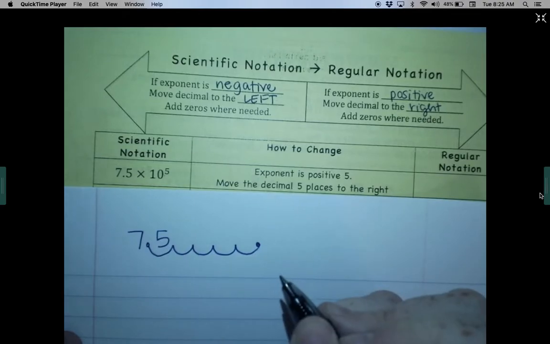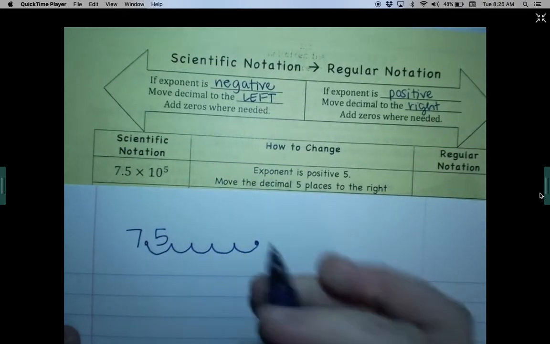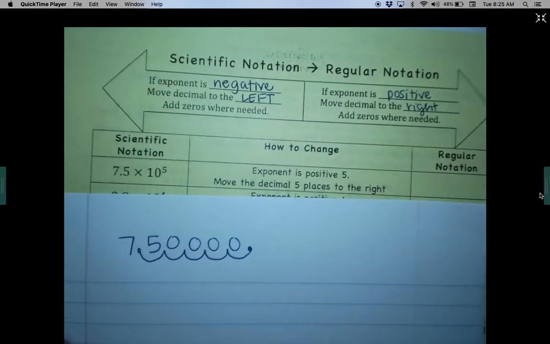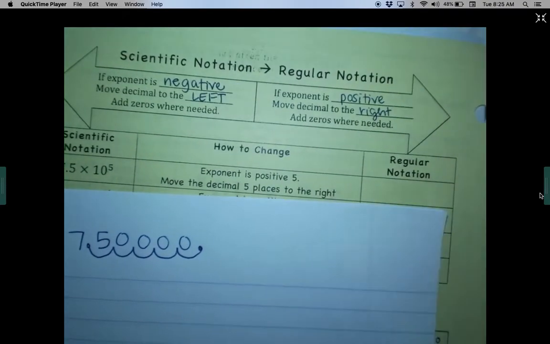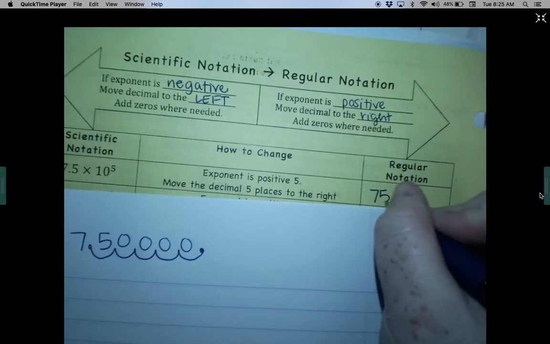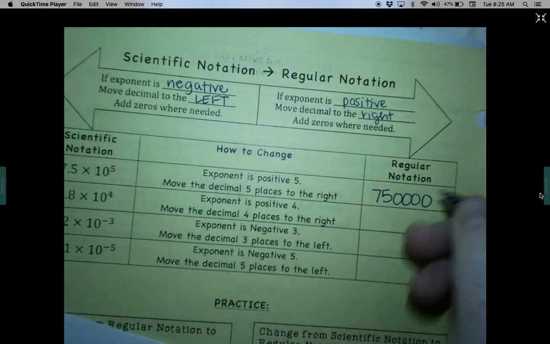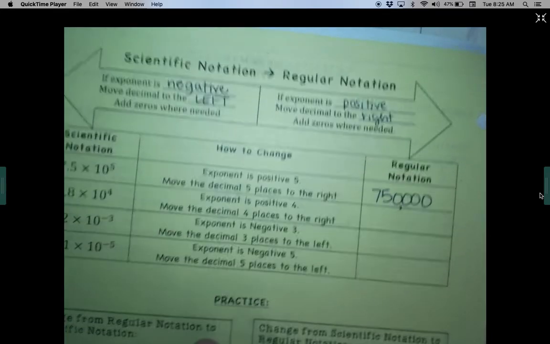And then we're going to put zeros in these blank places. So my answer, 7.5 times 10 to the 5th, is 750,000.